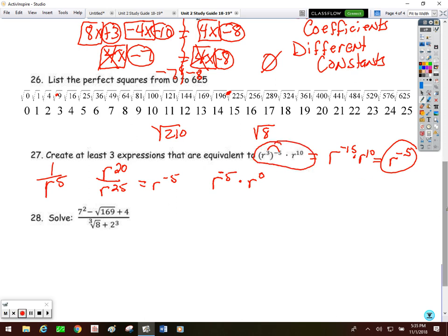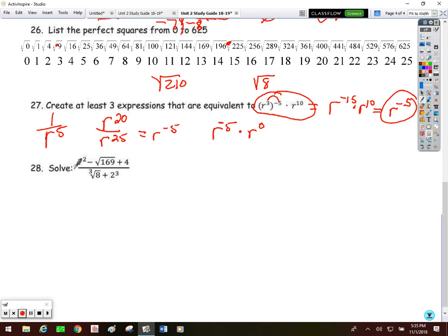Okay, all right, the last one, solving this problem here. The first thing I want to see is, I'm just going to start left to right. 7 squared, 7 to the 2nd power. Remember, this is not 7 times 2. This is 7 times 7, okay? So 7 squared is 49, minus the square root of 169, which is 13, plus 4, divided by the cube root of 8.